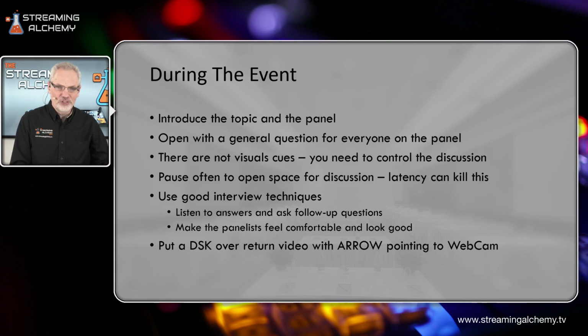The other thing to consider, if panelists are not used to talking to an audience remotely, they may need a reminder to look at the camera. So you don't get that sort of, I'm looking here and I'm not looking there. Because that's very easy to happen for people that don't usually do remote productions. So potentially have a DSK that is a little arrow that points up to the camera.